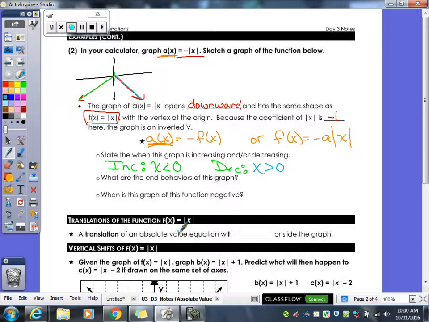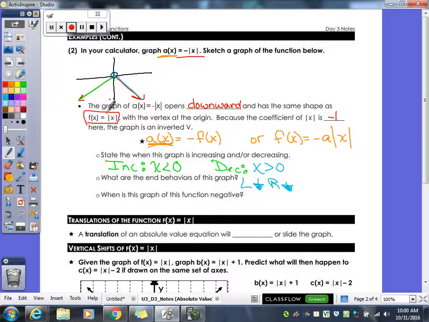End behaviors, those ones are easy. Left side is pointing down, right side is pointing down. When is this graph negative? Right now, like the whole thing's negative, right? Except for one spot.